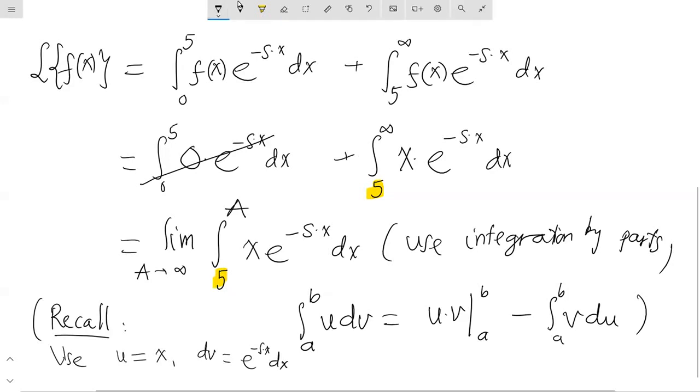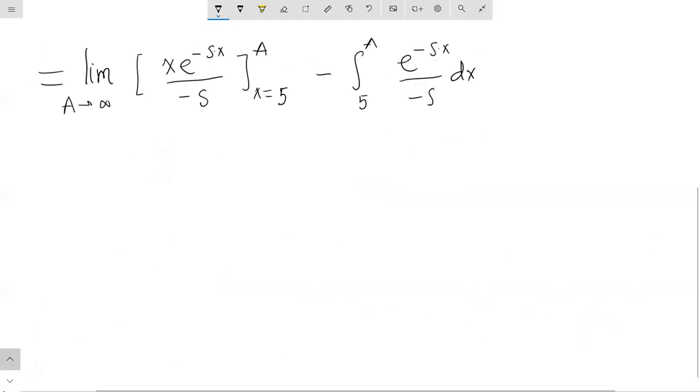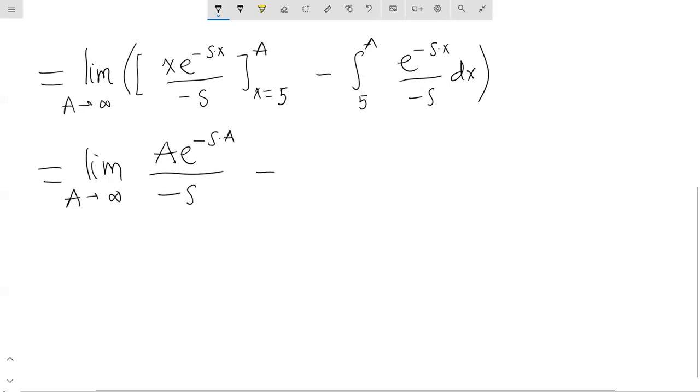It's not from 0 anymore. For the second formula, f of x equals x, we need to use 5. And of course, the limit here is for the entire integral. Let me write one more line with the antiderivative. I plug in x equals a, so a e to the minus s times a over minus s, minus x equals 5, so 5 e to the minus s times 5 over minus s.